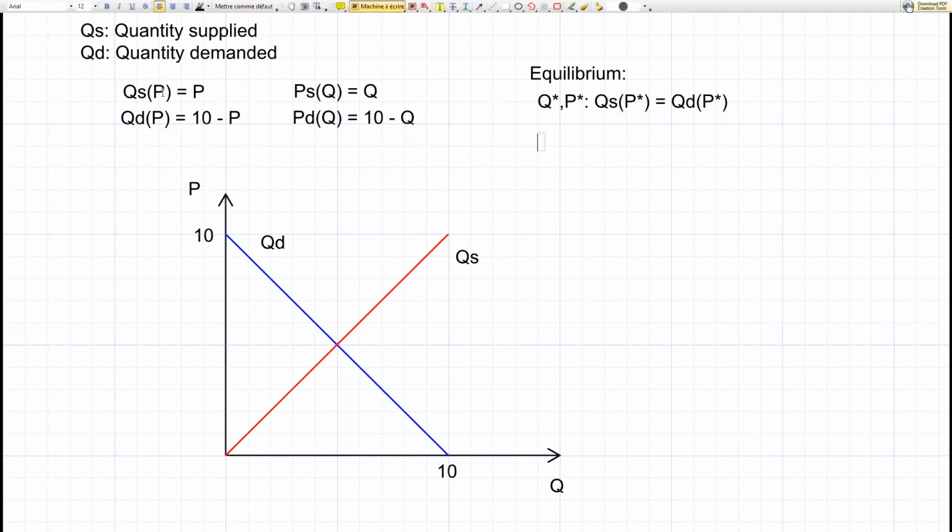So if I do that, I get that it has to be that P, so I get it from here, has to be equal to 10 minus P star. And then what I can do is add P on both sides to get rid of this P here, and I get 2P star equal 10, or P star equal 5. So that's my market equilibrium.